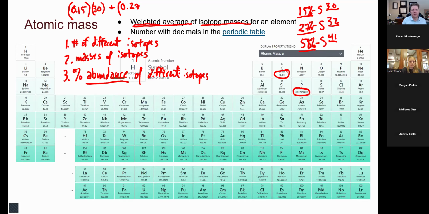Actually, I'll make it a little bit cleaner. Instead of parentheses, I'm going to say times. So 0.15 times 30. And now I'm going to do 0.27 multiplied by what? 32.